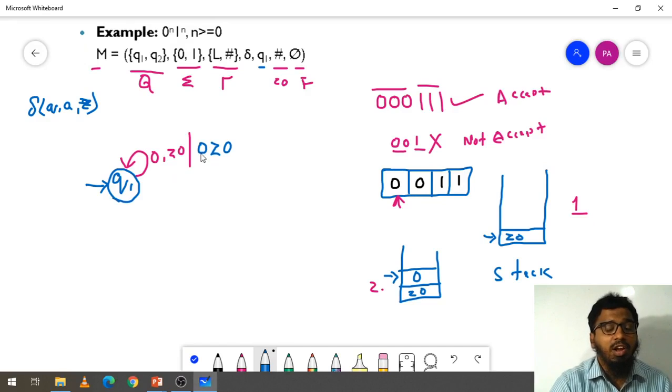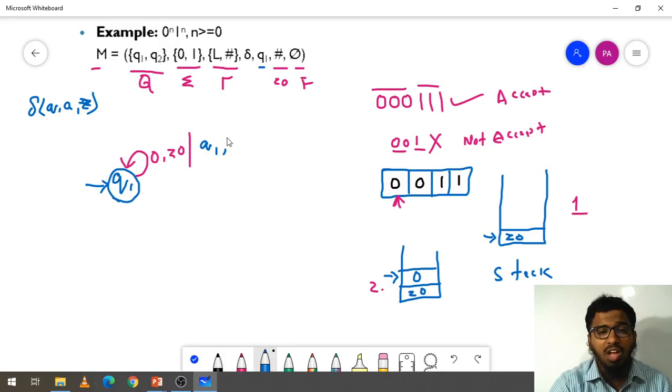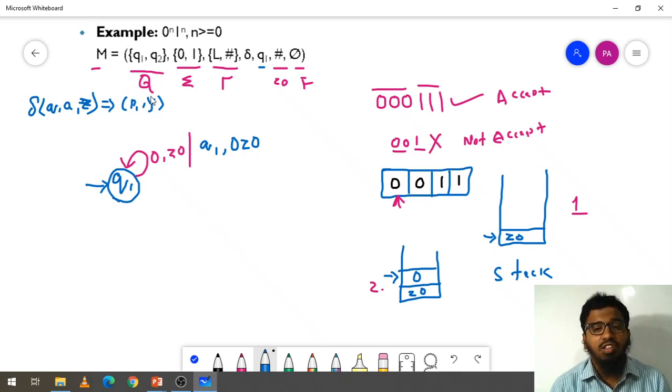That means here we can write Q1 comma, and the answer we are getting is 0 Z0. This is the answer with the help of this. So this is the first step.